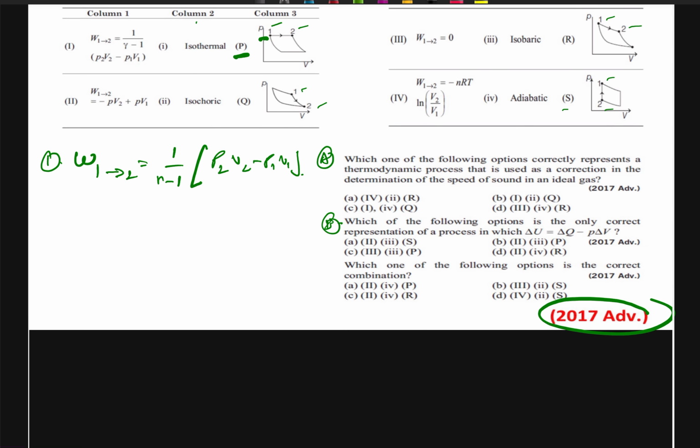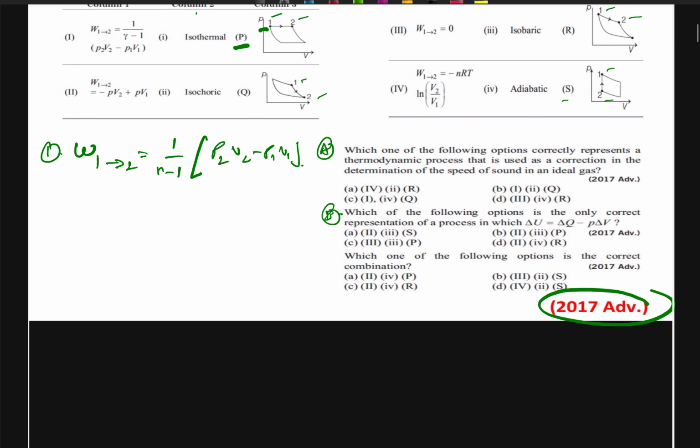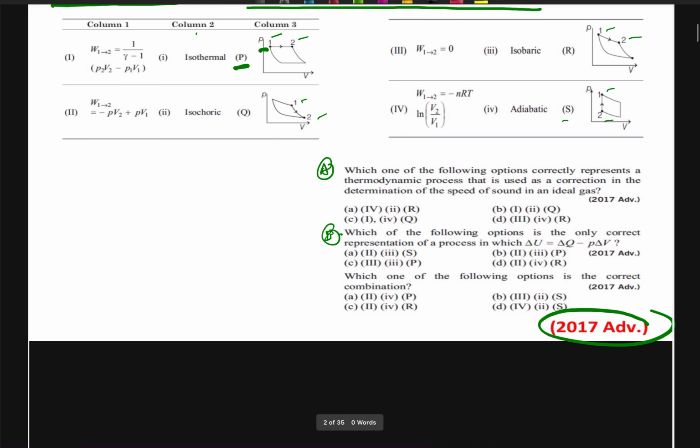So first of all, let us start with this first process, which is isothermal. So we are going to start with the isothermal and then we can do the reverse part. Okay, so I think that will be much more convenient. So we start with our processes, and first process is isothermal.